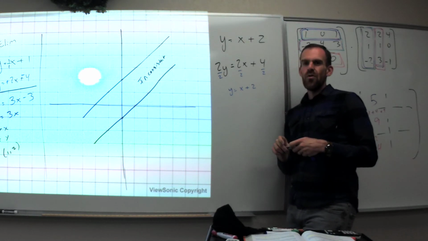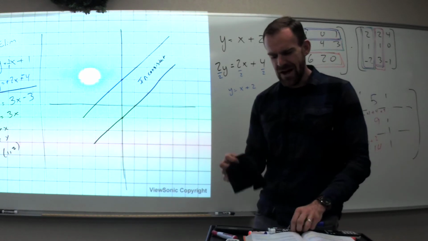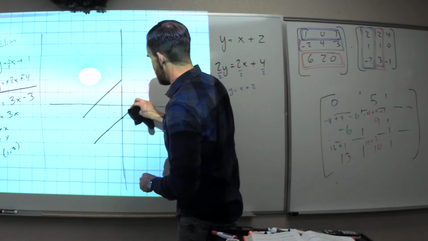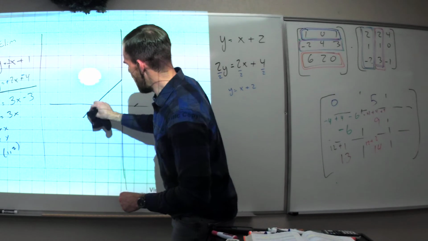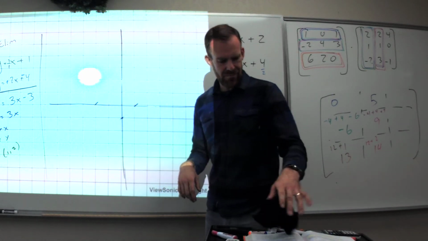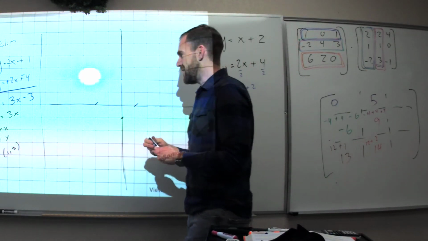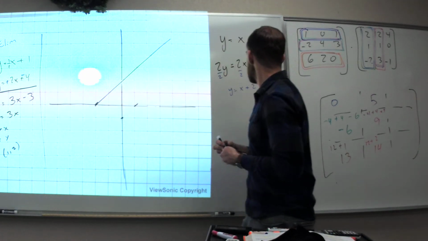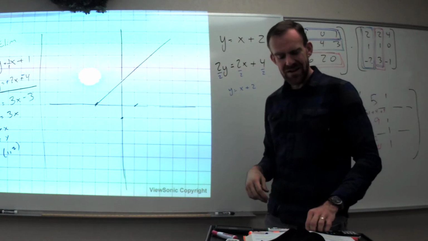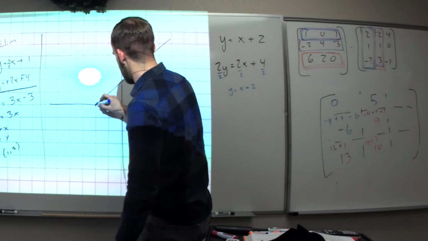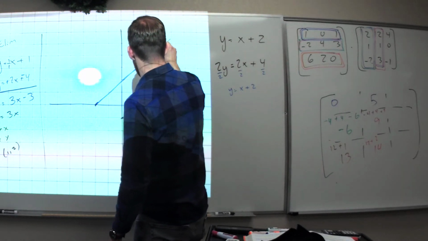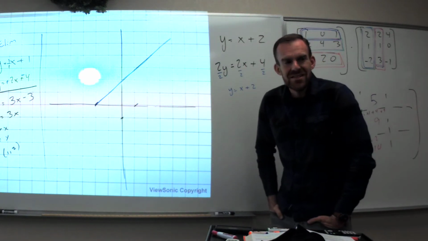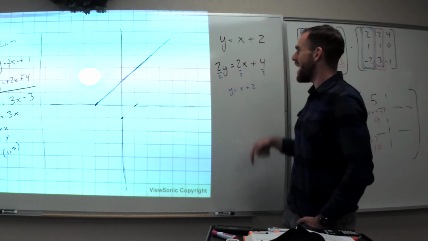Okay, so when you have the same line, check out what happens to our solutions. I will now graph the first one. Are you ready for this? Okay, I graphed the first one. Now I'm going to graph the second one. It's the same line. We already knew that.